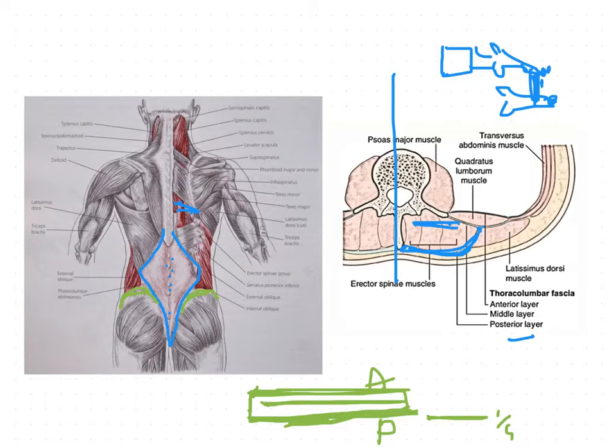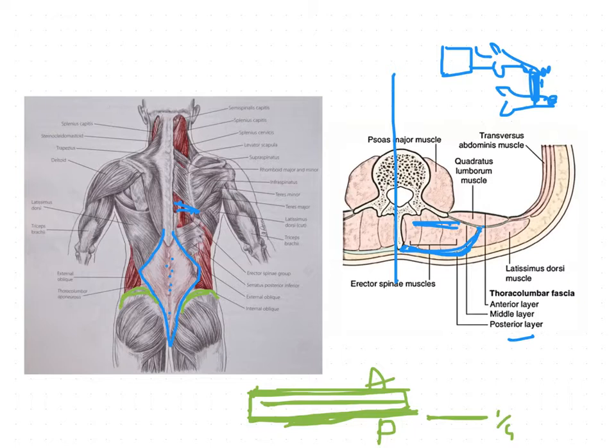Now, next one is the middle layer. If you can see the middle layer, medially it is attached to the tips of the transverse processes of the lumbar region.